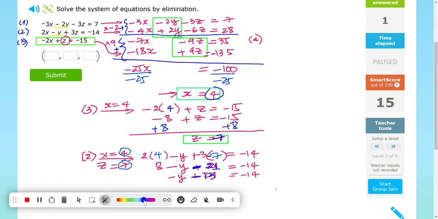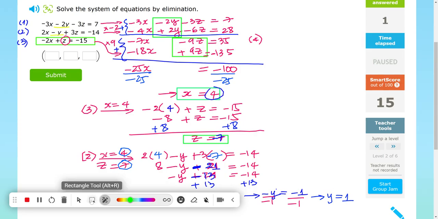Now over here, I just plus 13 on both sides. Then I come out negative y equals negative 1. So I divide negative 1 on both sides. Then I come out y equals 1. Here we go, y equals 1.